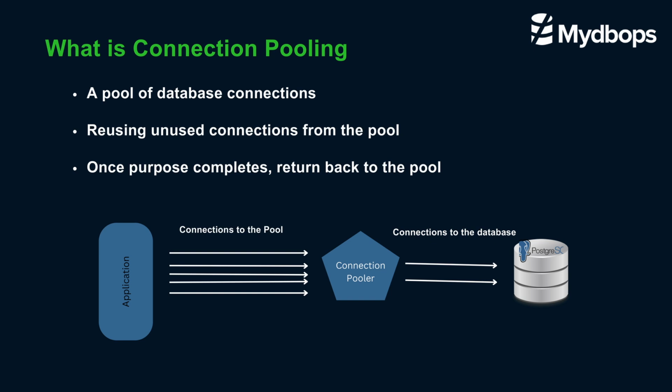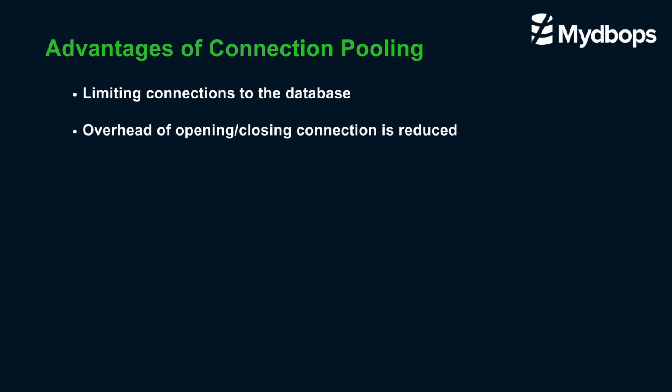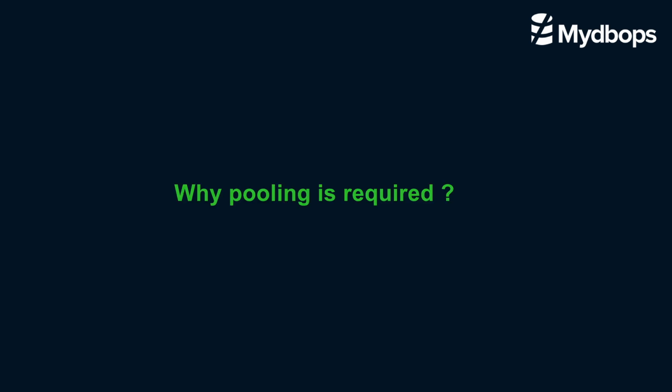This is the added advantage here. Very few connections hit the database, and the creation and termination overhead is also greatly reduced. Limiting connections to the database is one of the very big advantages. And we will see why pooling is required.